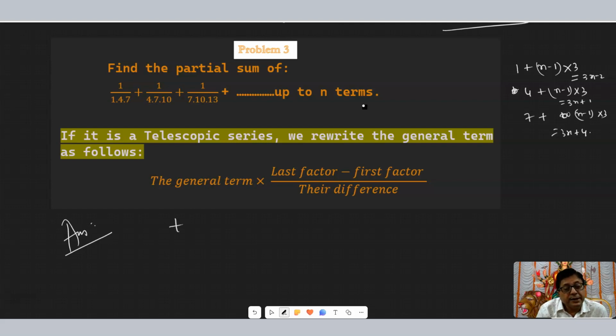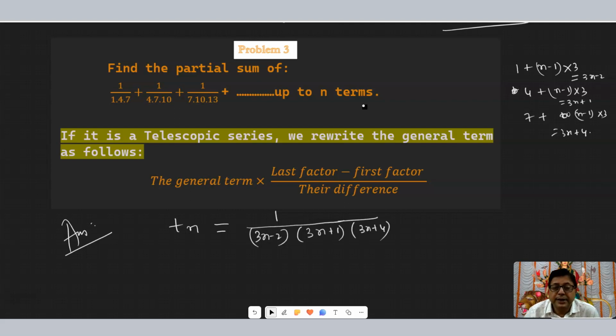Tn. Tn is what? 1 by 3n minus 2, this multiplied by 3n plus 1, multiplied by 3n plus 4. Then what you are going to do? You are going to rewrite this as, the general term will remain as it is.